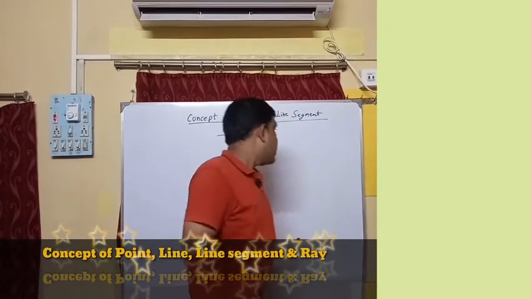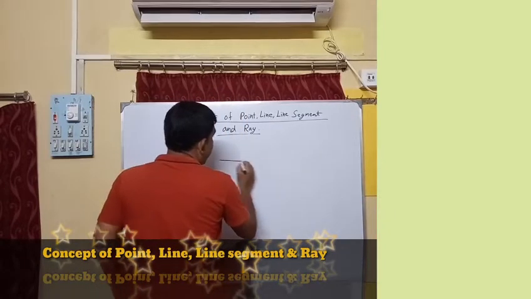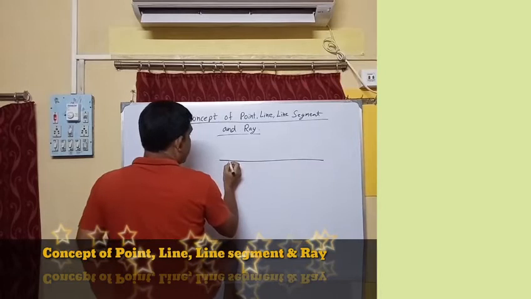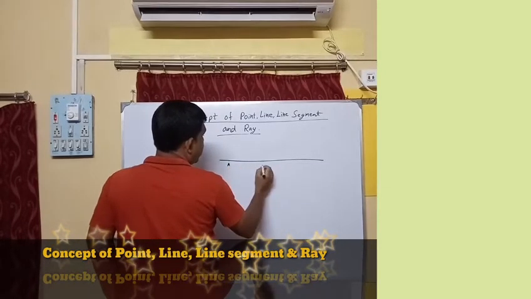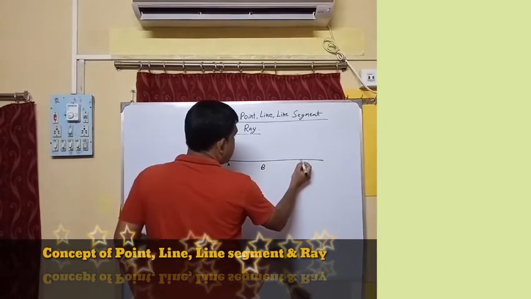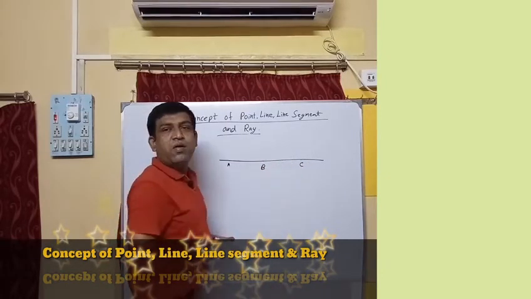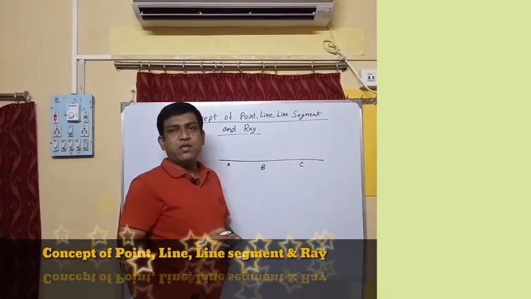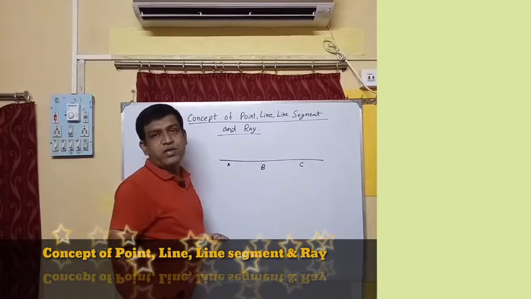That means if the points A, B and C lie on the same line, then you can say the points are collinear.